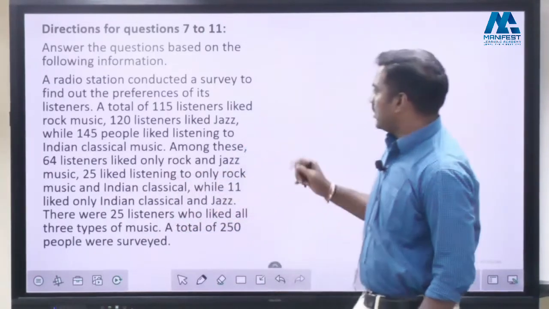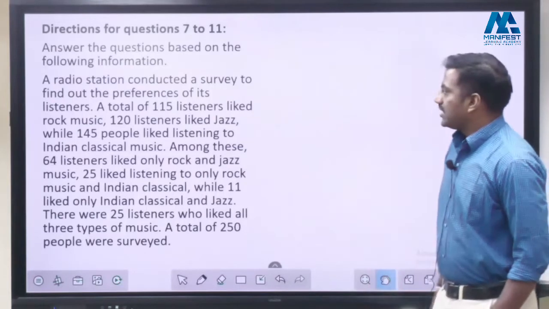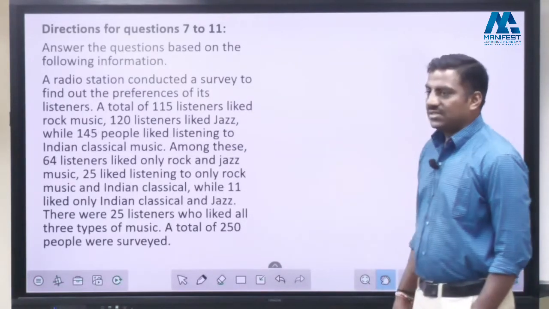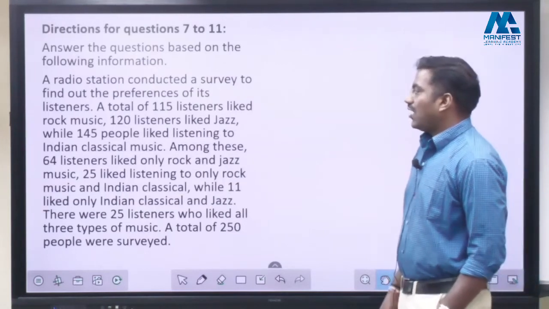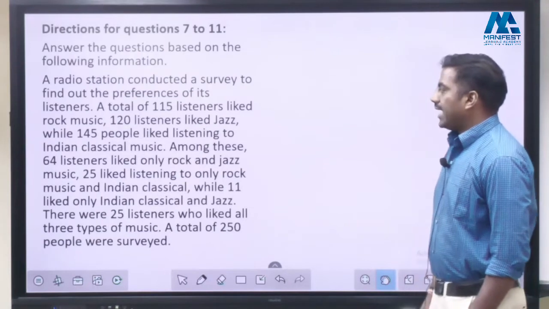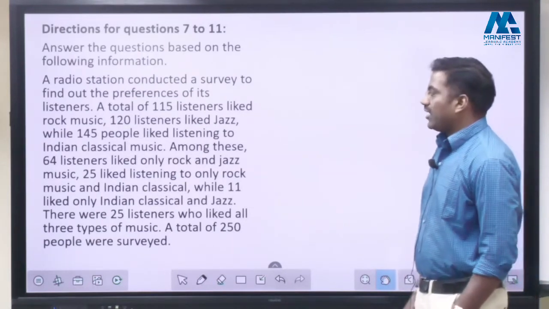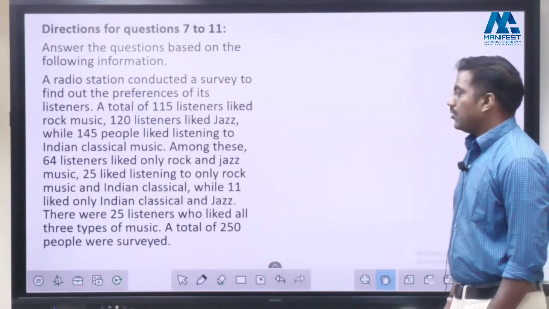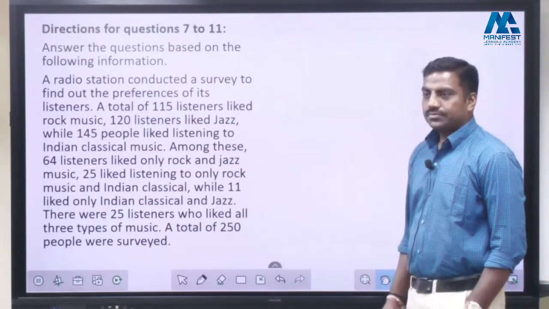So the first question: a radio station has conducted a survey to find out the preferences of its listeners. A total of 115 listeners liked rock music, 120 liked jazz, and 145 liked Indian classical music. Okay.